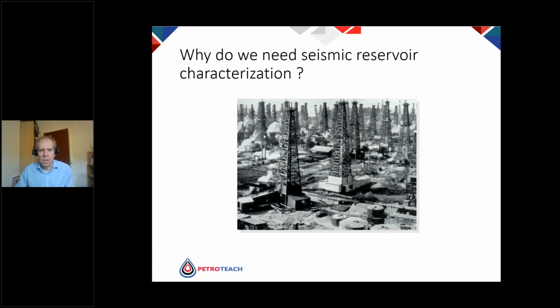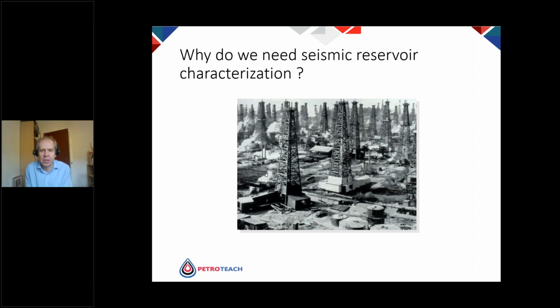Okay, and I know this is a little bit of a joke slide, but why do we want to do reservoir characterization with seismic data? The idea is to try and get away from this kind of picture. Not that anyone's exploring like this anymore, except maybe some of the shale.